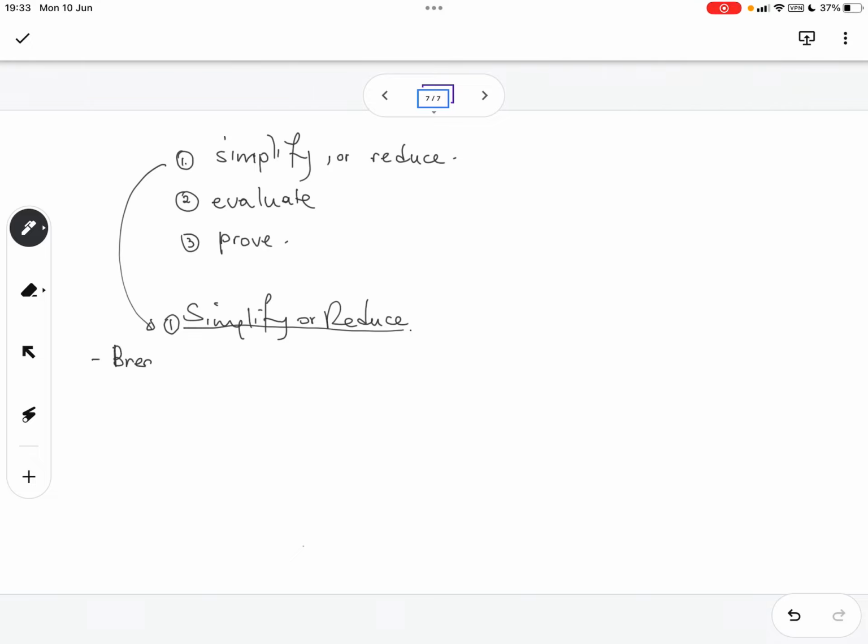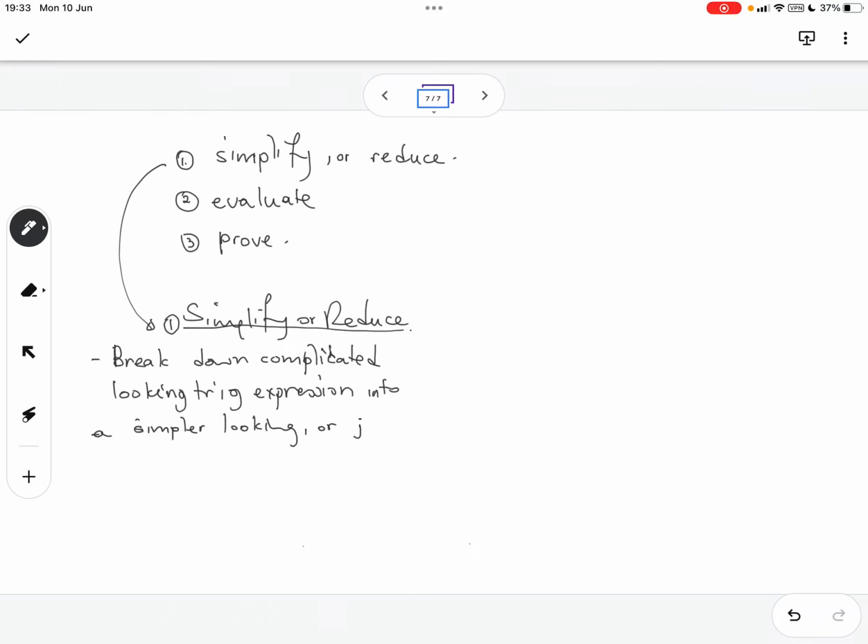Ne? So with simplify or reduce, you are typically asked to break down a complex looking, complicated looking trig expression into a simpler rather, or just one trig ratio or expression.